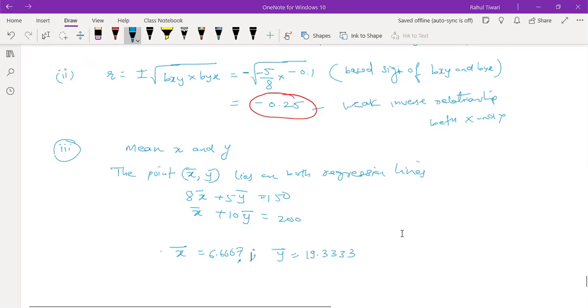Yes. Did you get x bar, y bar? Go to the chat box and write Y if you get the value of x bar, y bar.